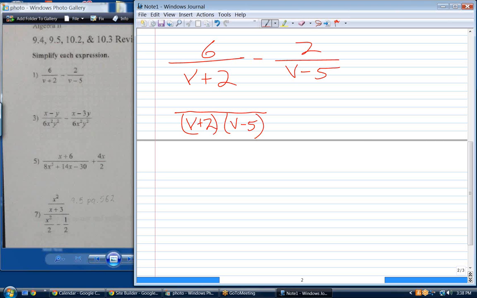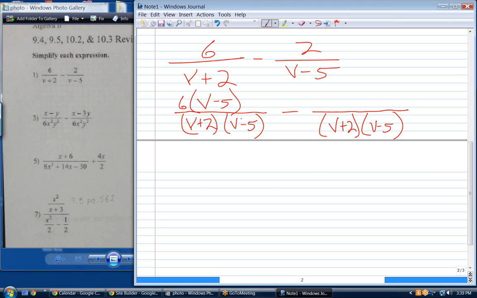So what goes on the left? If my new common denominator is this, what goes on the top left? 6, and then v plus 2. Not v plus 2, just v minus 5.